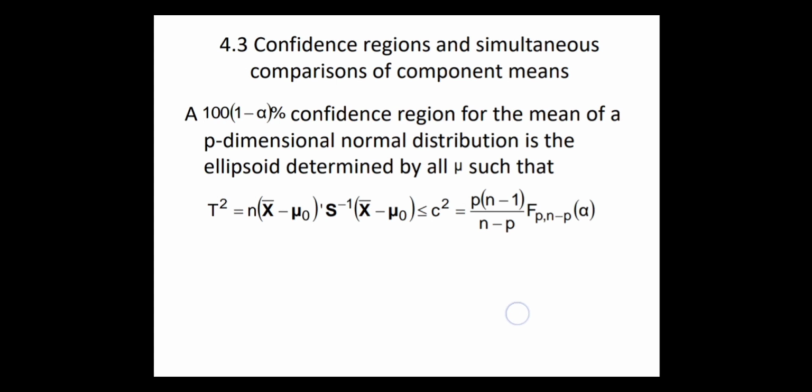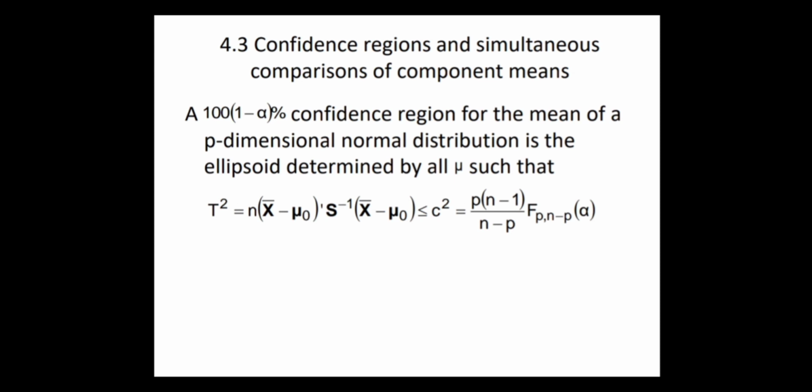So now we will see whether the mu naught, or the mean vector, lies in the confidence region of ellipse or not, using the value of the confidence region.